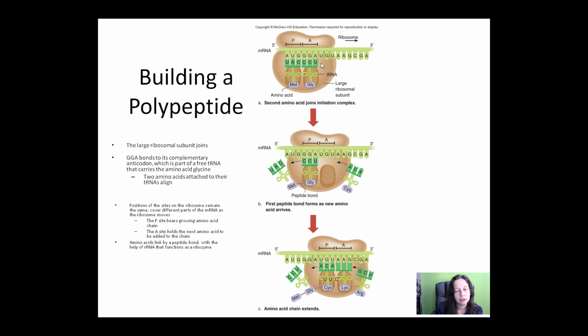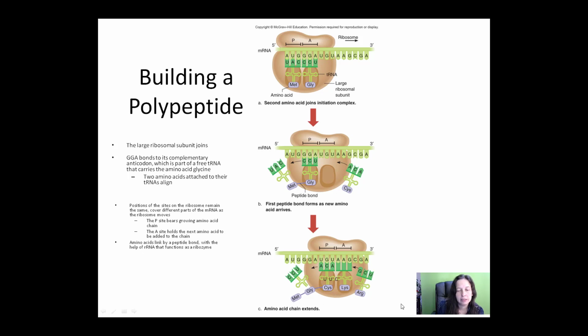Once that happens, the previous tRNA leaves, and in this case we can see glycine is leaving and cysteine takes its place, and then the new tRNA carrying a lysine comes in, and they keep producing this chain of amino acids.